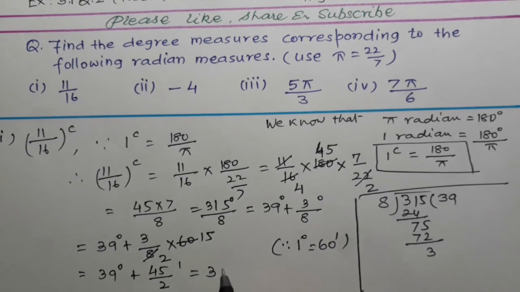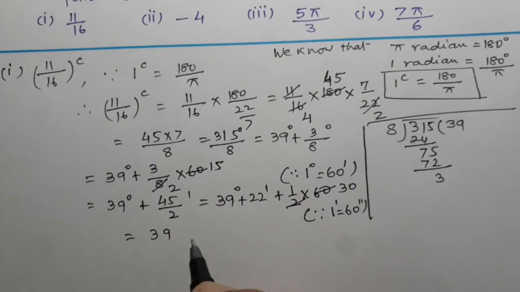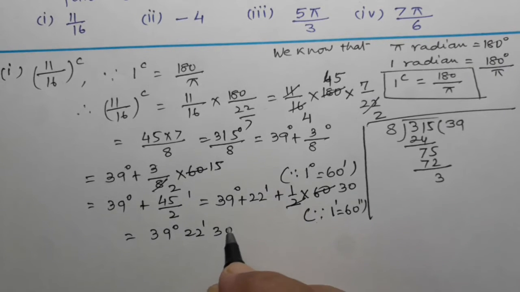It will be 39 degree, 45 divided by 2, so it will be 22 plus 22 minute, and 1 by 2 minute will be multiplied by 60, since 1 minute equal to 60 second. So it will cut by 30. So finally it will be 39 degree, 22 minute and 30 second. This is the answer.